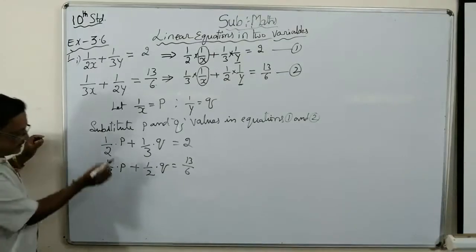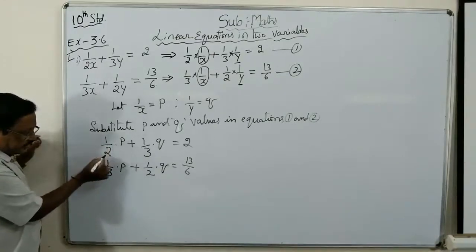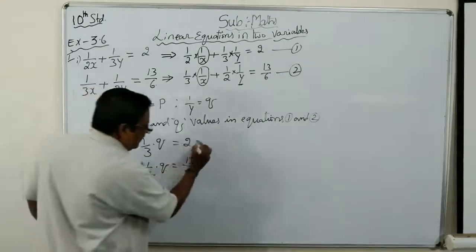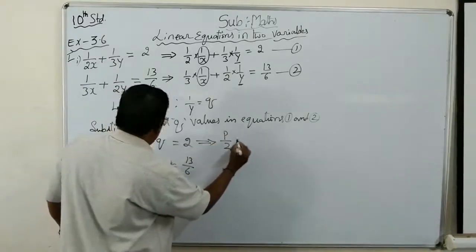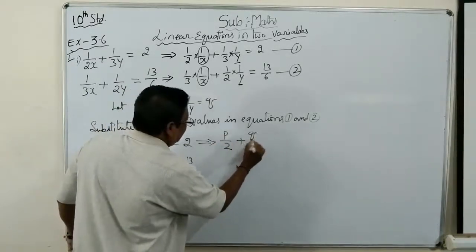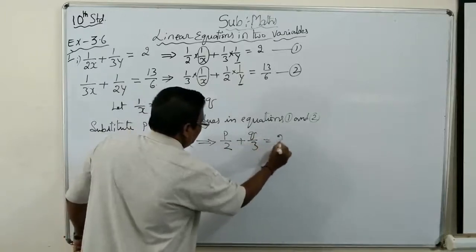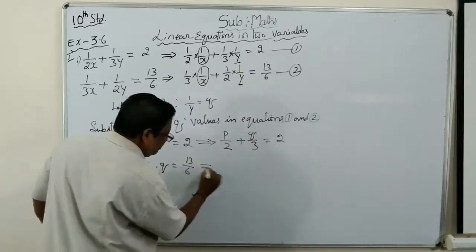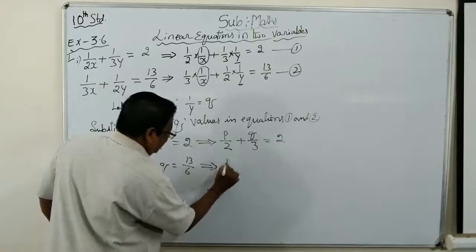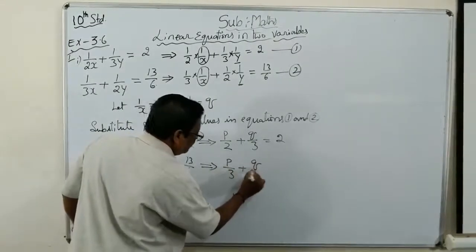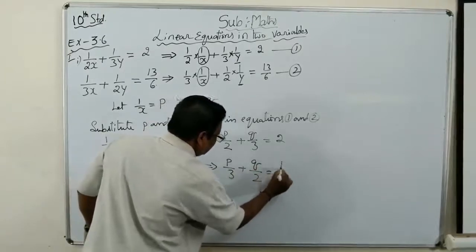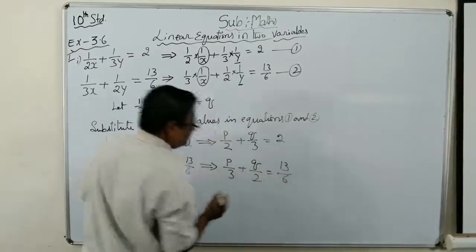This can be written like this: p by 2 plus q by 3 is equal to 2. Next one is p by 3 plus q by 2 is equal to 13 by 6.